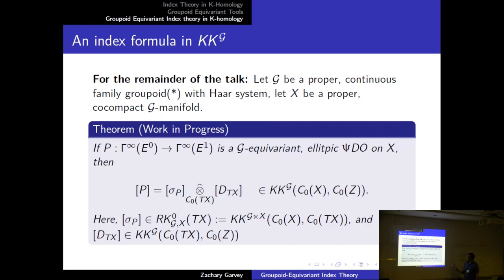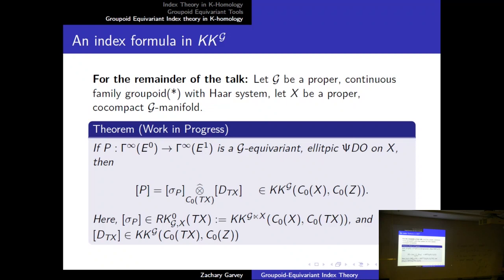The difficulties are really that these groups are a little bit more complicated. So sigma p is really in this representable K-theory group, which means that it's in this KK group, and we're taking a KK product with, again, maybe a family of Dolbeault operators, the K-homology class formed by that. Okay, so that's the theorem that I'm working on.